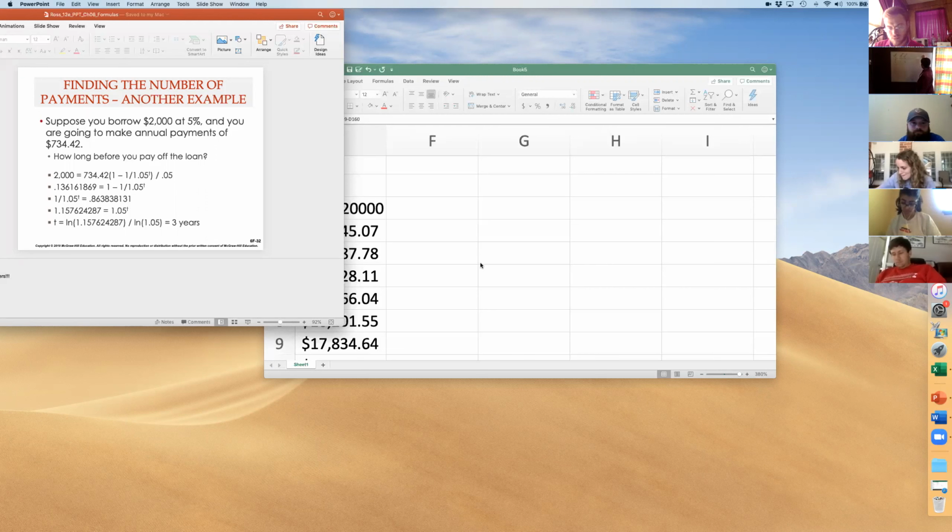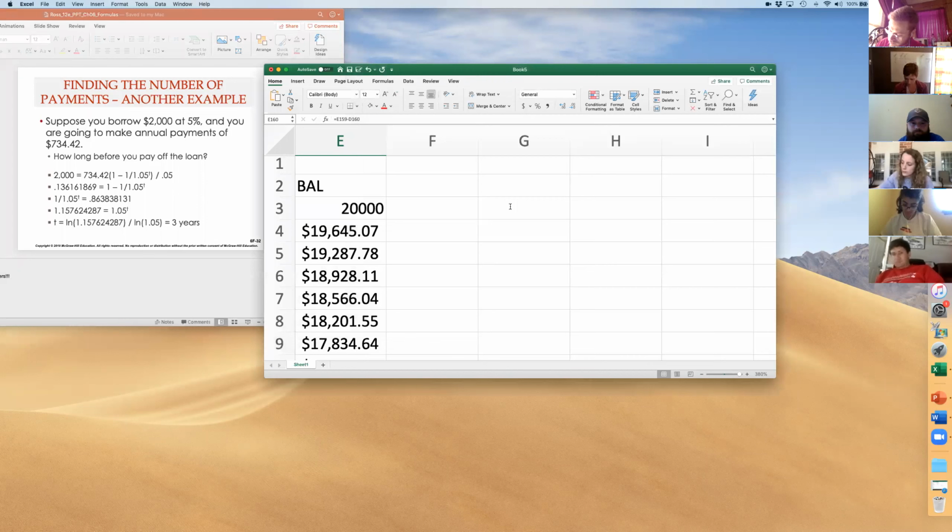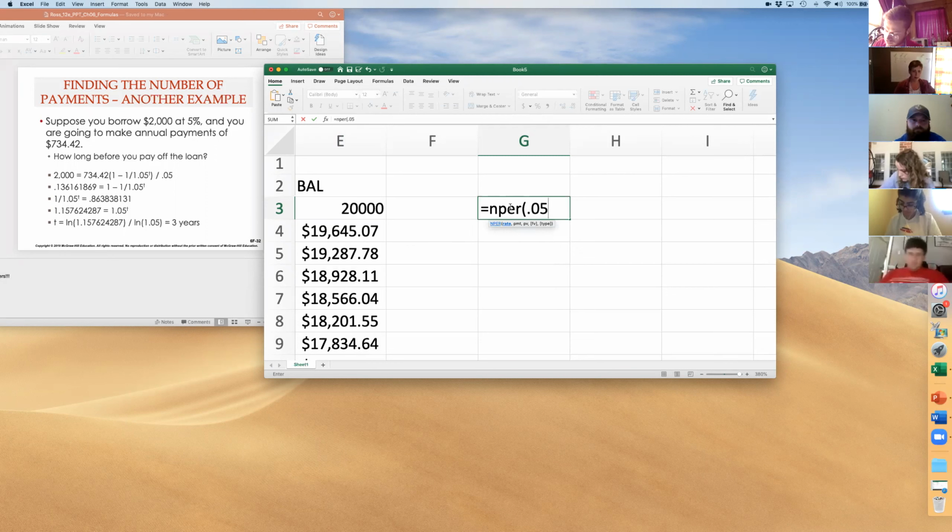And the question is, how long do you have to make these payments in order to pay off that loan? And so this is a number of periods problem, and that is NPER, open parentheses, interest rate is 5%. Now, the question asks for you to give the answer in annual payment form. So in other words, everything's going to be put in annual terms.